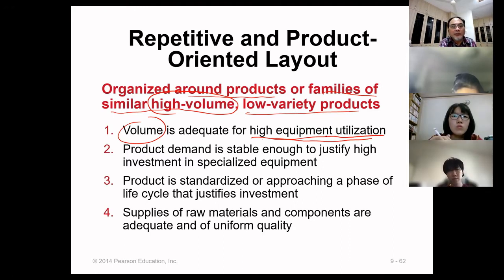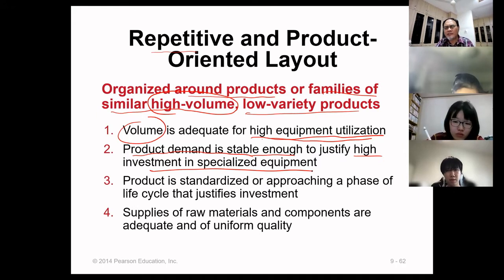And of course, you can use repetitive layout when the product demand is stable enough that you justify high investment in specialized equipment. Very specialized. If you go to a car factory, it's very specialized. They run it for a few hundred thousand products, or four years, before changing to a new model.